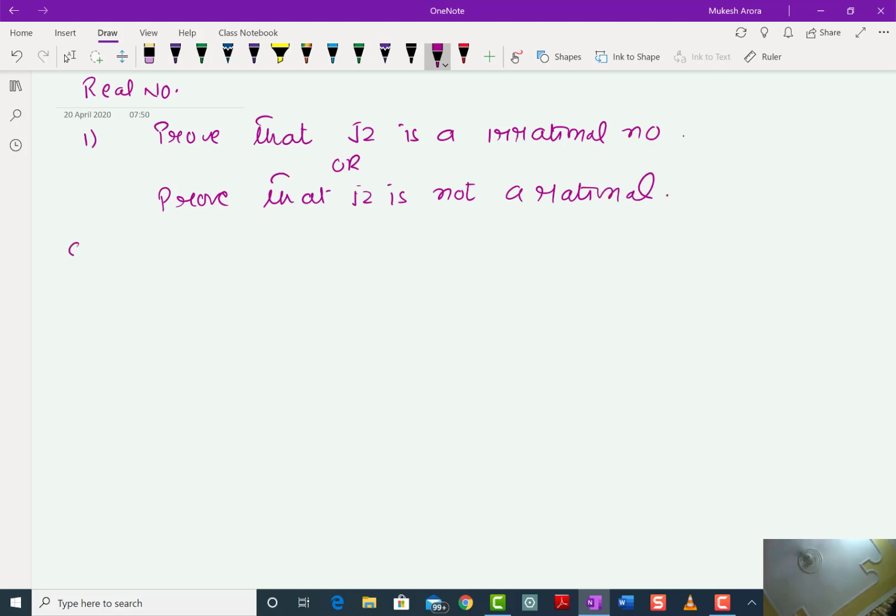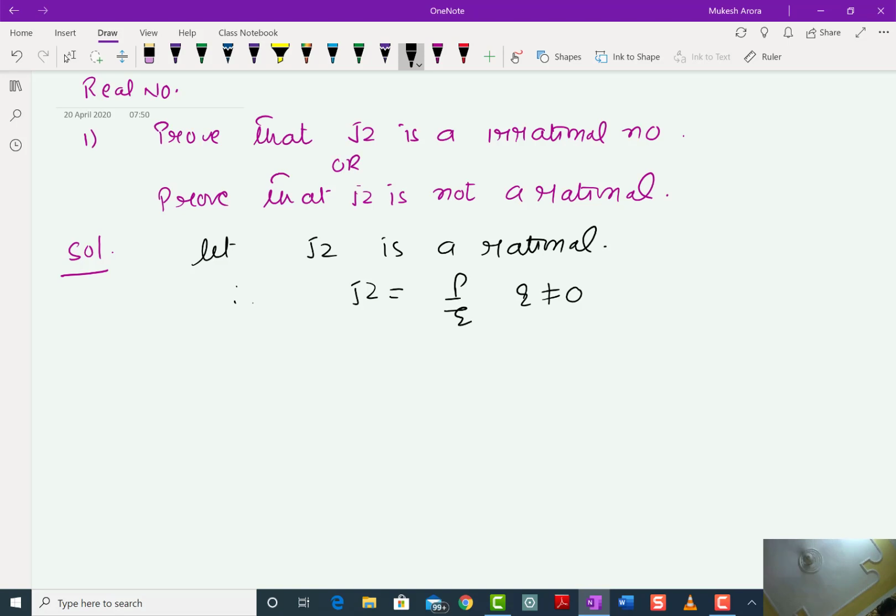No doubt the procedure to solve is the same, but you have to give the answer accordingly. Let under root 2 be a rational number. We assume. Therefore, under root 2 is p by q, where q cannot be equal to 0, and p and q are co-prime.